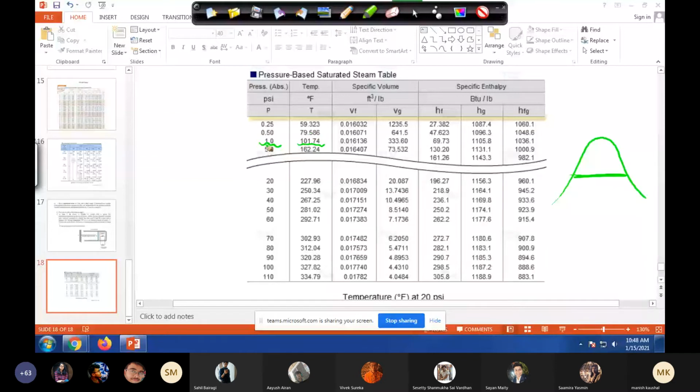If you are somewhere here or here, in order to calculate that, you need Vf, which is here, the specific volume of saturated liquid, the specific volume of saturated gas, and then enthalpy. Entropy is missing here. There should be an entropy table also. So this is the same thing in a different format. Rather than TP, it's PT. Okay. So Bhavna, is it clear? The saturated steam table.